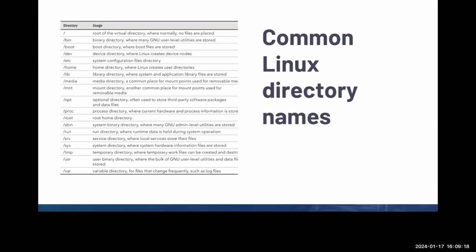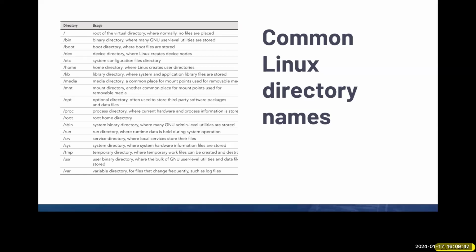First of all, let's see the different directories of Linux. When we find a slash, only slash, it means this is the root of the virtual directory where normally no files are placed. We can find the slash bin, which is the binary directory where many GNU user level utilities are stored. We can have the boot directory where boot files are stored.